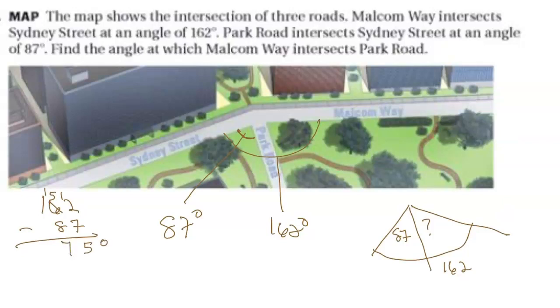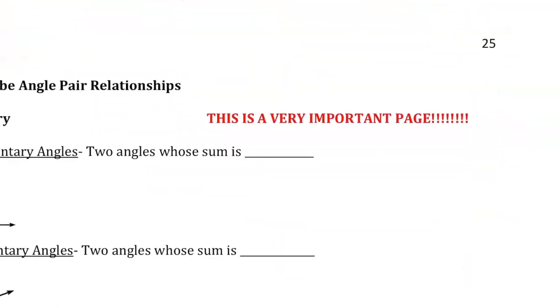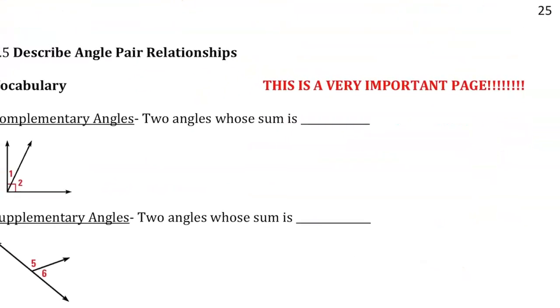So the missing angle, which was right in here, was 75 degrees. So this angle right here equals 75 degrees.